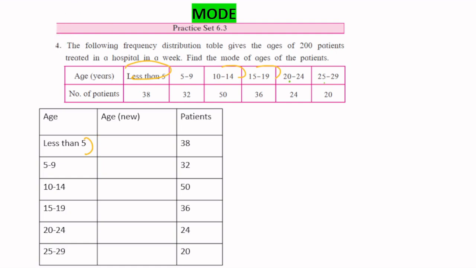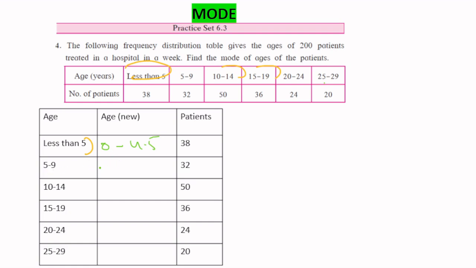What is different here? Let's start from 0. Because it is less than 5, we are not going negative, but we cannot go to 5.5 because it is less than 5. So we have to take less than 5. So 0.5 we have to subtract from the upper limit for the beginning purpose. The same thing will follow to the next.